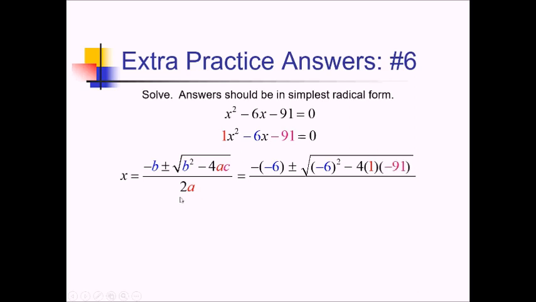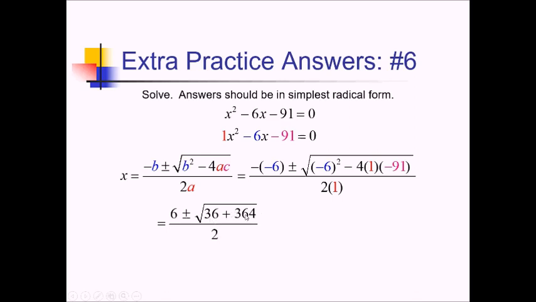And then we have 2 times the a value 1. So this is going to be out here positive 6. We've got plus or minus square root of 36. And then 4 times 91, that's going to be 364. And negative gives me a positive there. And down below, that's just 2.